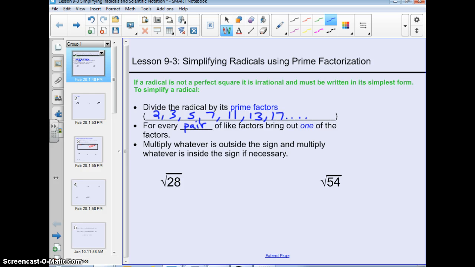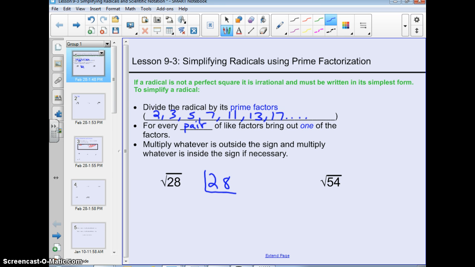If we have the square root of 28, that's not a perfect square, so we're going to have to simplify this. I'm going to rewrite it right over here. I'm going to divide 28 by one of these prime numbers that we just listed out.